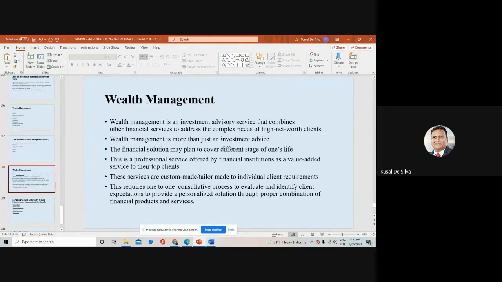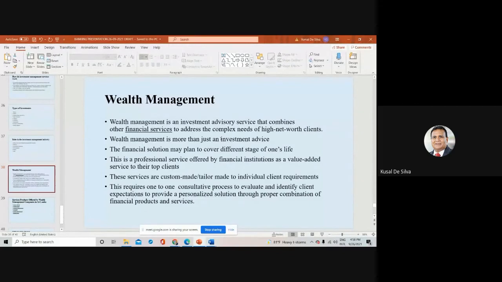The investment is also similar. We cover different purposes, like education, retirement, and other high purchase requirements. Similarly, this also encompasses the different stages of your life, because that is a part of wealth management.